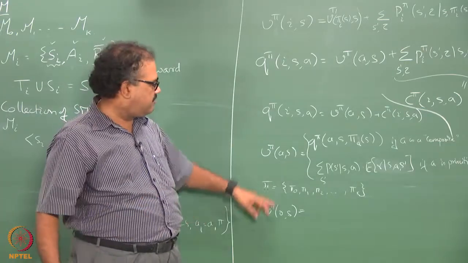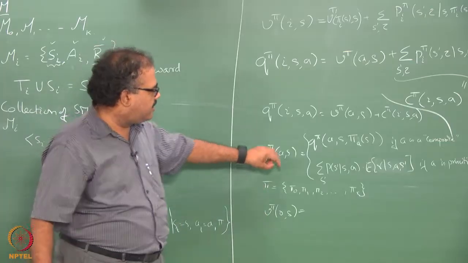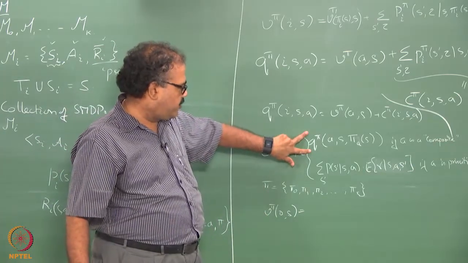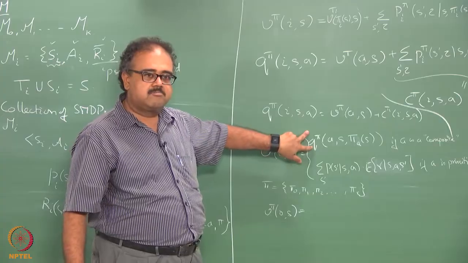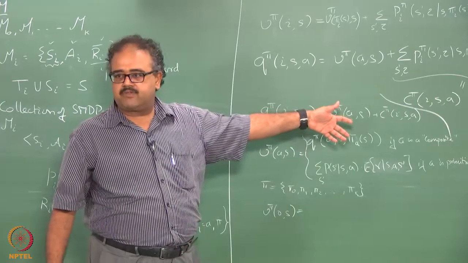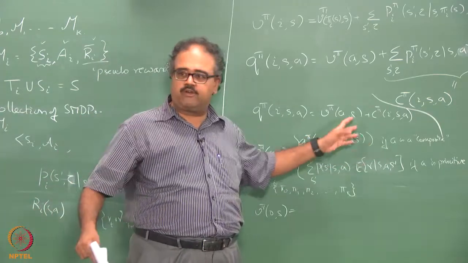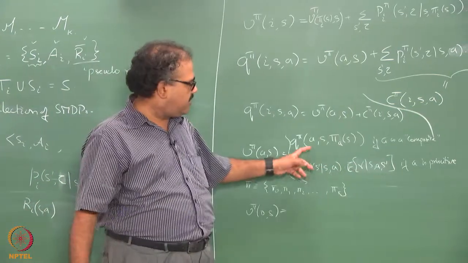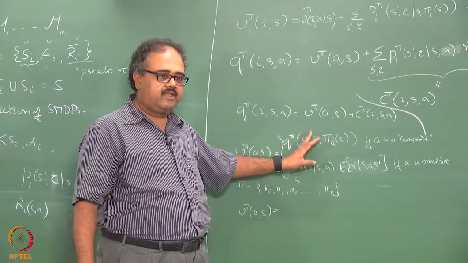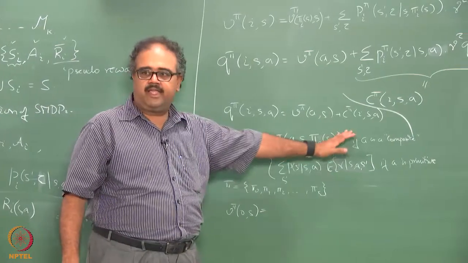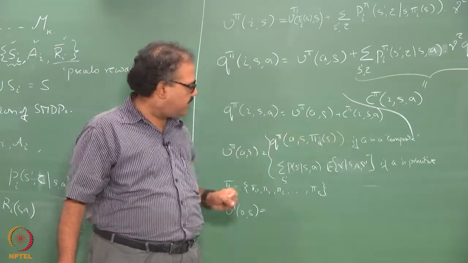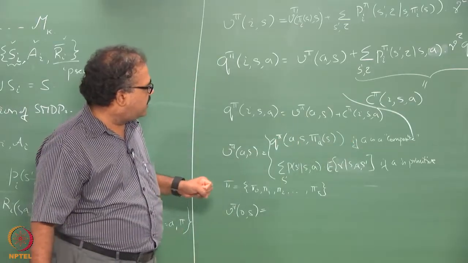So what should I have? V pi 0 would be q pi 0, s comma A1, because I said A1 will be the first action I take. So pi 0 of s will be A1, let us say. So q pi 0 comma s comma A1. And then what do I do?